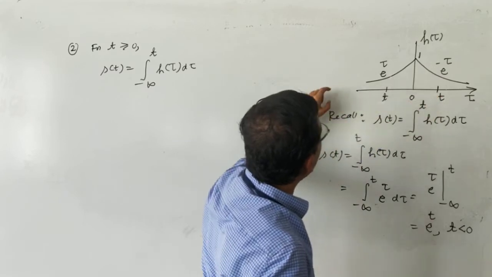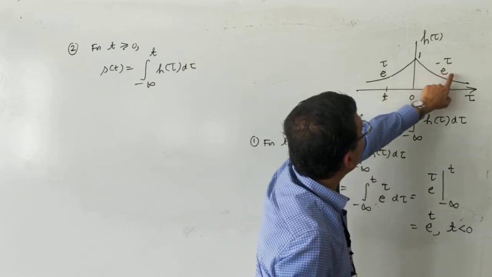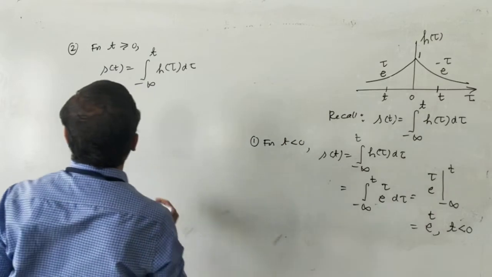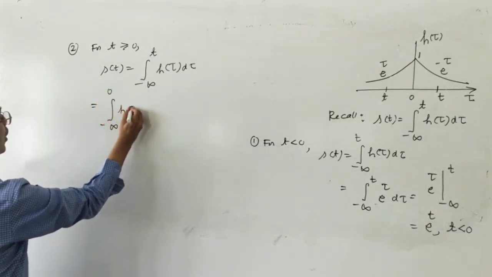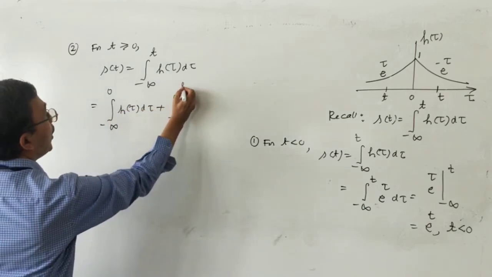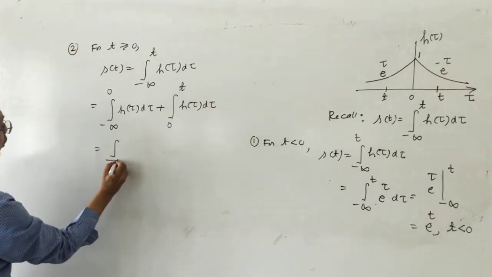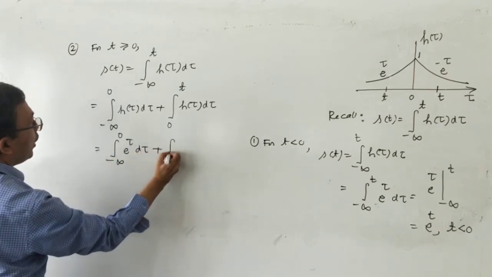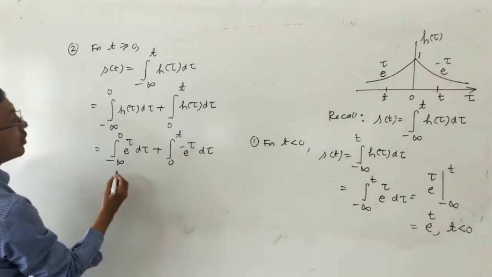That means you have to perform integration of e power tau from minus infinity to 0, and integration of e power minus tau from 0 to t. There will be two integrals involved. S of t equals integration from minus infinity to 0 of h of tau d tau plus integration from 0 to t of h of tau d tau. That means integration from minus infinity to 0 of e power tau d tau, plus integration from 0 to t of e power minus tau d tau.